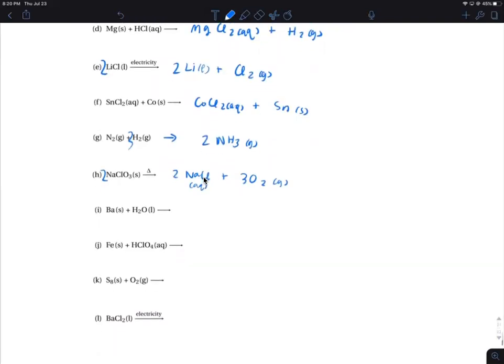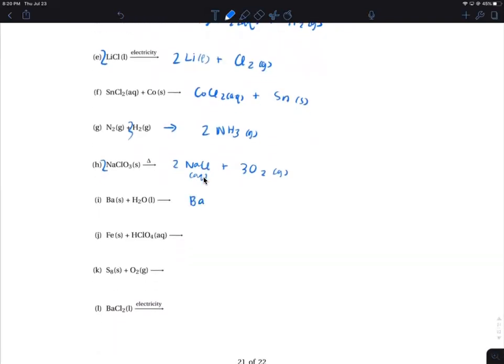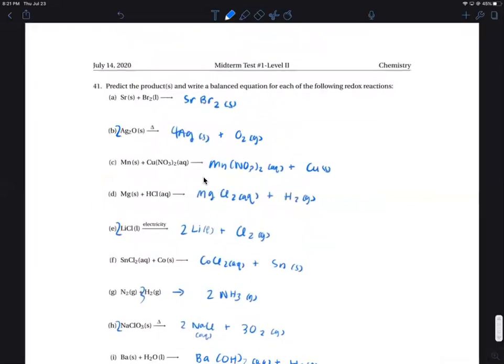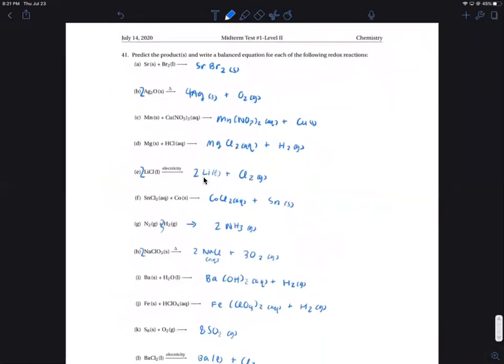And then for part I, for part J, so I'm just writing the answers here for now, but later I'll prepare a different meeting where I can go over all of these in more detail.